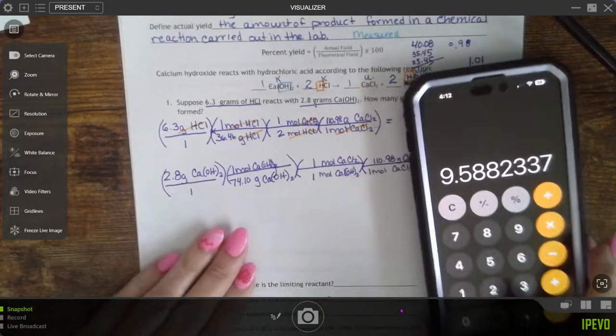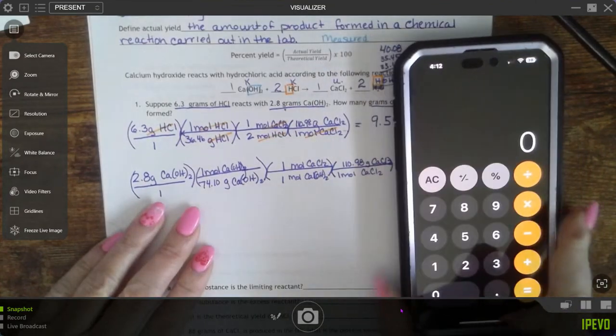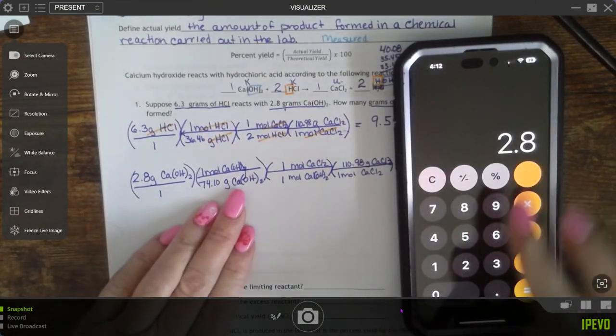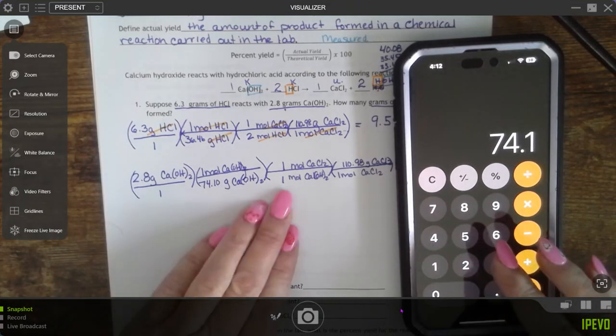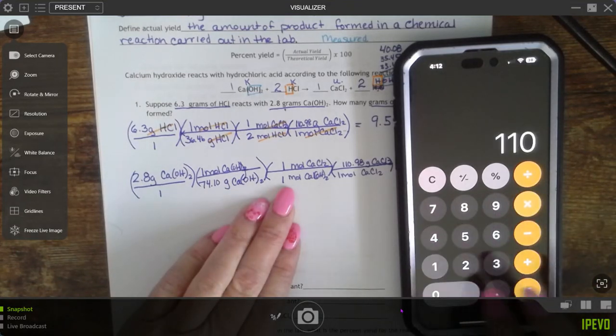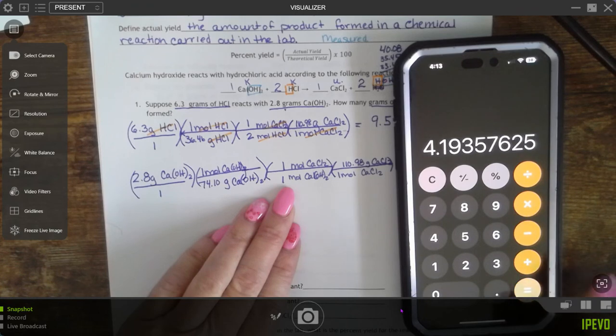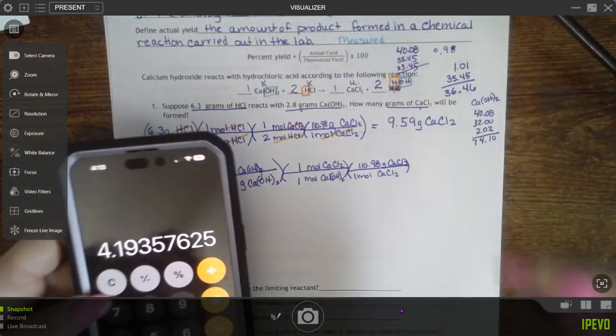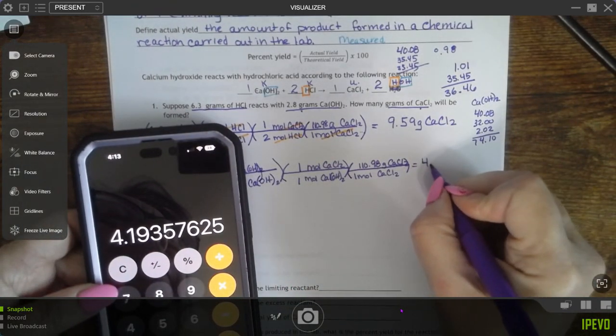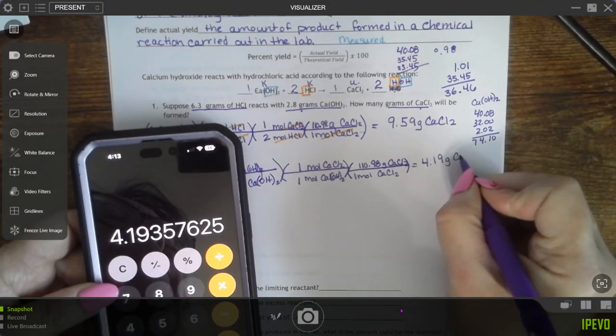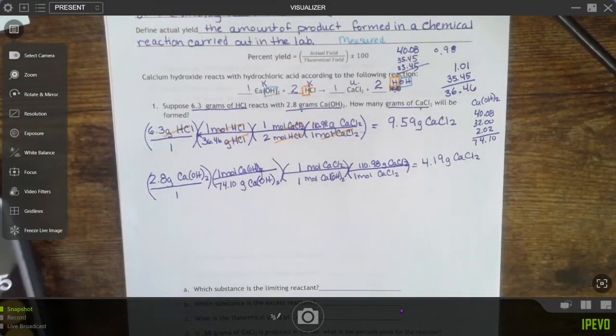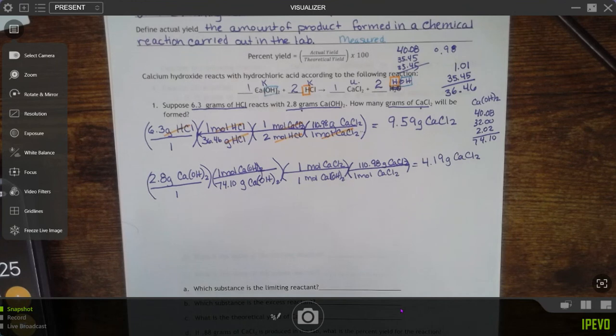All right, so let's calculate. 2.8 divided by 74.1 times 110.98 gives me 4.19 of CaCl2, calcium chloride. Okay, so now here's what you have to do.